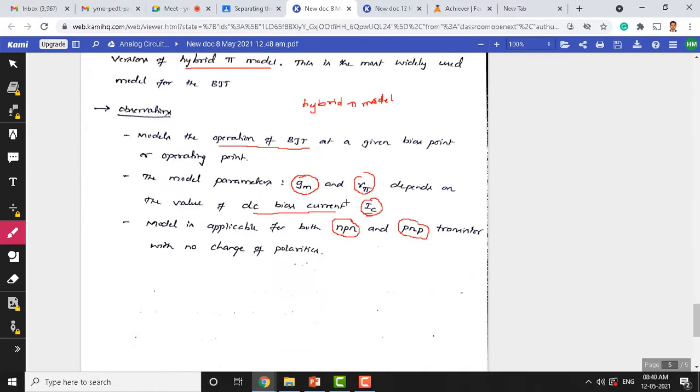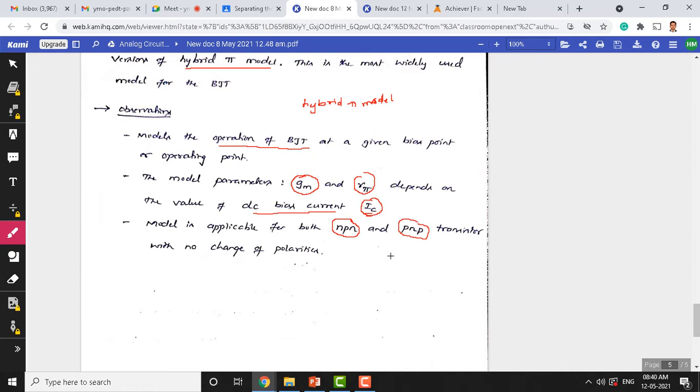Finally, we arrived at a few observations. The first observation is that the models predict the operation of the BJT, and the model parameters like gm and r pi depend on the DC bias currents. We have shown that through mathematical expressions as well, and the model is applicable for both NPN and PNP transistors without any change in the polarities.